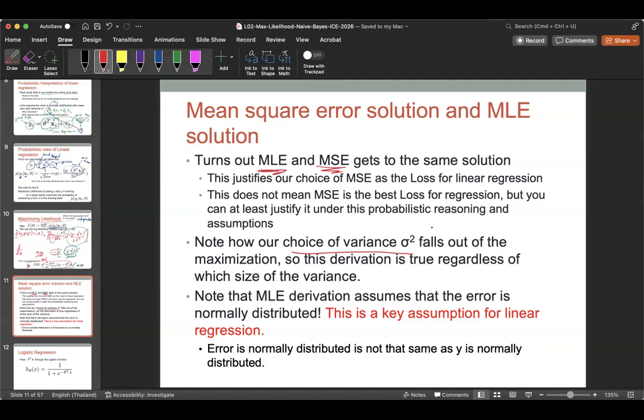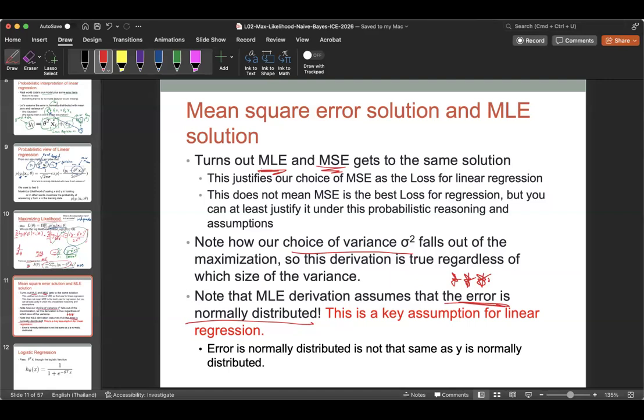But the key assumption for MLE here is that the error is normally distributed. If you want to use mean square error on your linear regression model, actually anytime you use mean square error on some model, you're pretty much assuming your error is normally distributed.